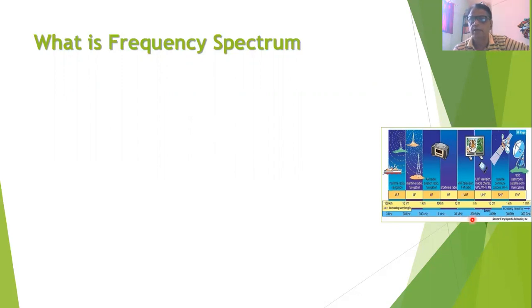If you are using a UHF TV signal, Wi-Fi, 4G, or GPS signal, then the range of the frequency is from 300 megahertz to 3 gigahertz. For satellite communication, the range of the frequency is from 3 gigahertz to about 300 gigahertz.